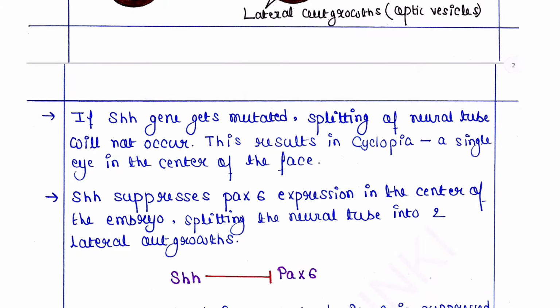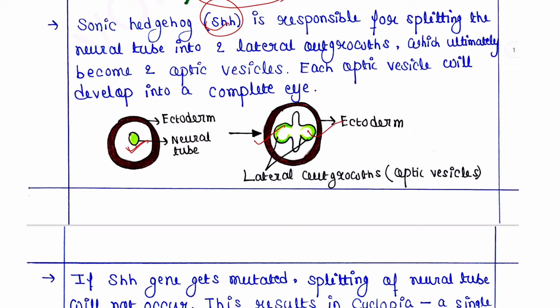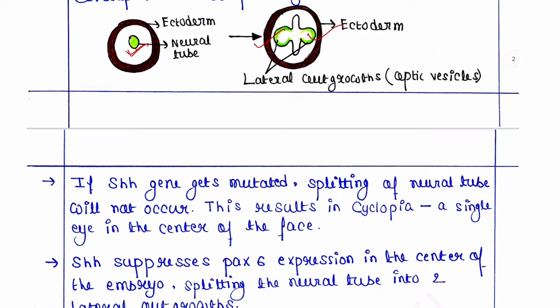If the SHH gene gets mutated, splitting of the neural tube will not occur, because we have seen here that splitting of the neural tube is done by SHH. So if SHH is mutated, then splitting will not occur, and that will result in cyclopia. Cyclopia is basically a single eye in the center of the face.